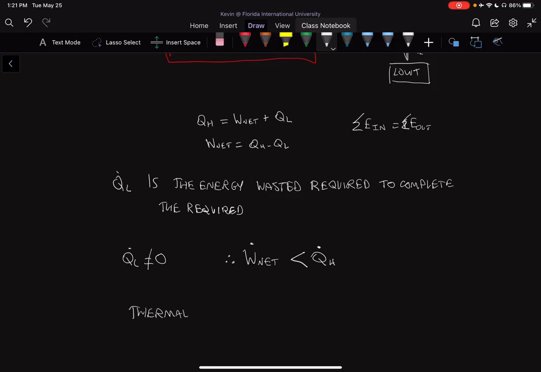So the thermal efficiency of our system is defined by the following equation. It's called the fraction of heat input that is converted to net work output.